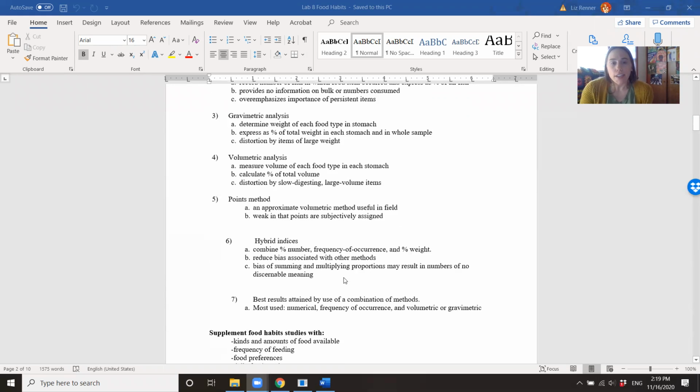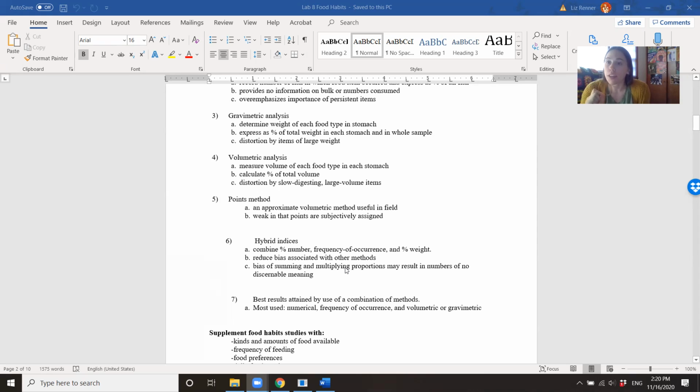All right, next up, we're going to talk about hybrid indices. These combine different metrics like the percent number, your frequency of occurrence, and the percent weight. The benefit of hybrid indices is that they reduce your bias associated with the other methods, where a large volume item throws things off. But there's also the bias of summing and multiplying proportions.